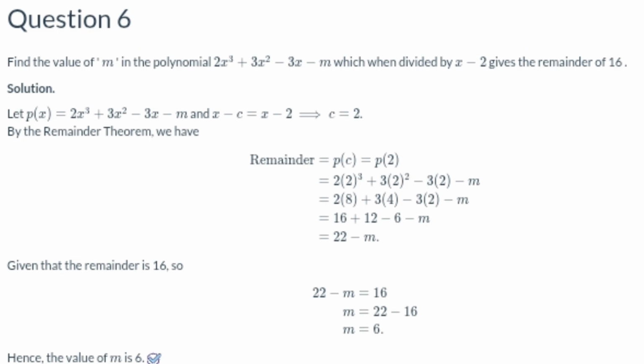This is 2 times 8 plus 3 times 4 minus 6 minus m, which simplifies to 16 plus 12 minus 6 minus m. 16 plus 12 is 28. 28 minus 6 is 22. So the remainder is 22 minus m. We are given that the remainder is 16. Therefore, 22 - m = 16. Solving for m, m = 22 - 16. Hence, the value of m is 6.